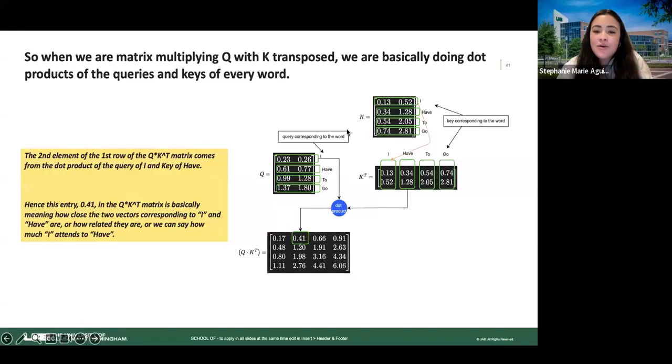And so if you really think about it, this is a K matrix of the I have to go. You transpose it, these are the numbers, you multiply it, and at the end you will multiply it by the dot product, and you will have this end result of the Q times K transpose equation.